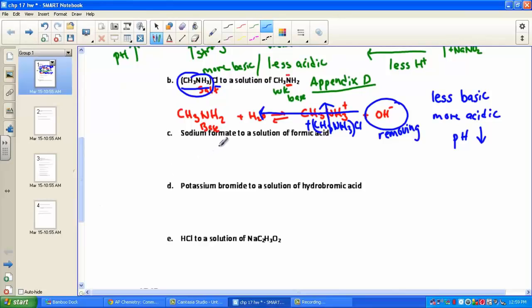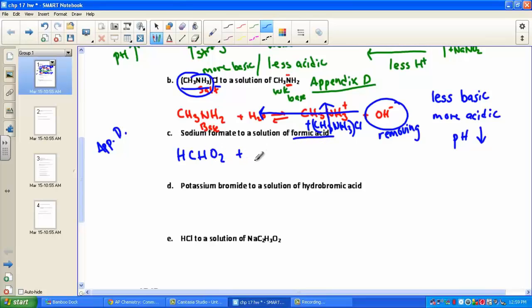Let's try another. Sodium formate in formic acid. Again, I don't know the formula of formic acid, but I have an Appendix D. Appendix D is the tool that could help me find formic acid's formula. Oh, approximately less than halfway down, I'm finding formic acid, HCHO2.